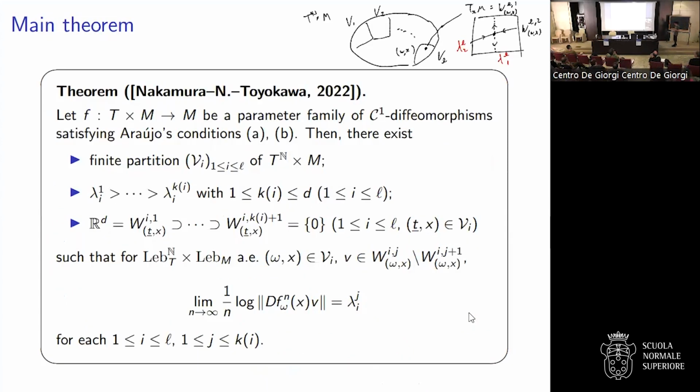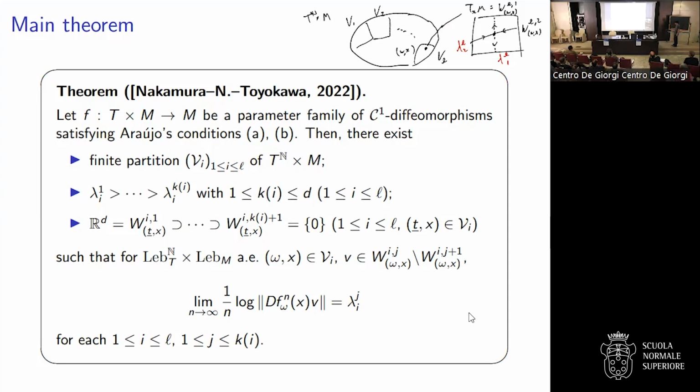Anyway, sorry. Coming back to the Araujo setting, the C1 family and conditions A and B, we can show the Lyapunov exponent always exists. Furthermore, the candidates are only finitely many. It looks a little bit technical, but you can find the candidates of the Lyapunov exponent with double index i and k, and both are finite.